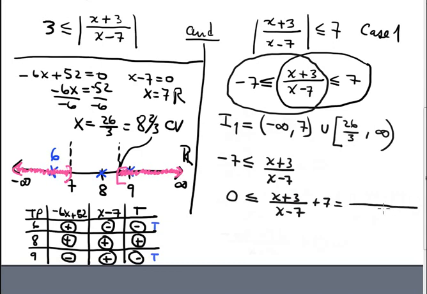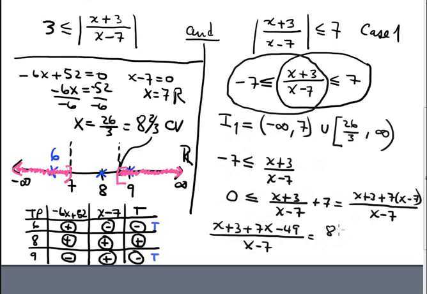So we have x plus 3 plus 7 times x minus 7, which is x plus 3 plus 7x minus 49 over x minus 7. This is 8x minus 46 over x minus 7.